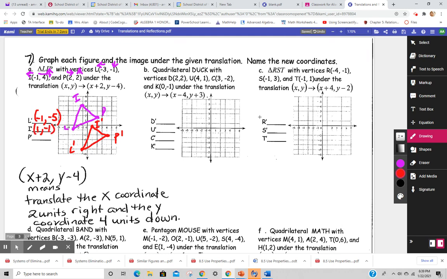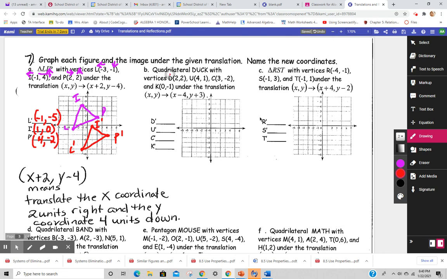No, it's located right 1 and 0. Okay, let me triple check. Yes, that's correct. Okay, P prime is located right 1, 2, 3, 4, and down -2. Okay, that's what they want you to do there.